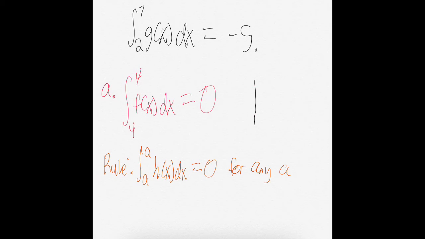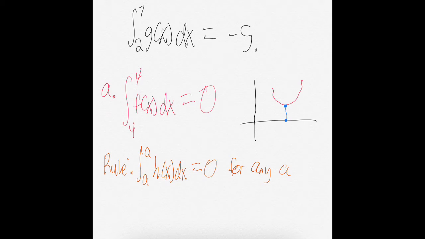H of x, of course, is just some function, and what this is saying is that if I integrate from one point up to the same point, so the important thing here is that my two bounds are the same, that is always going to be equal to 0. Which makes sense intuitively. Let me sketch a very quick picture for you.